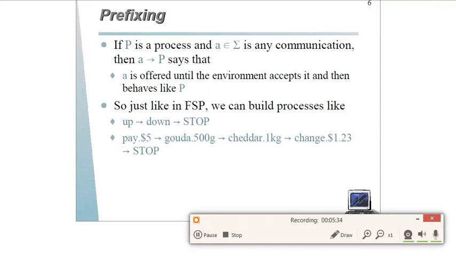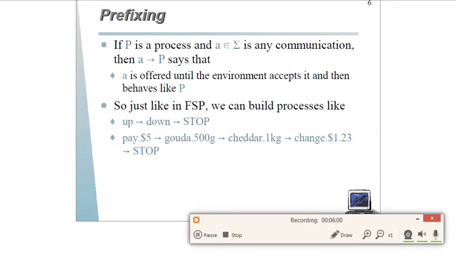So it goes like this: if a process P, and the value associated with that is a sub event of sigma, like if a small number of events belongs to the whole set of events in any communication, then it says A then P. What it means is A is offered until the environment accepts it and behaves like P.